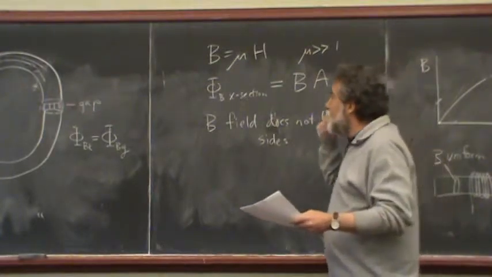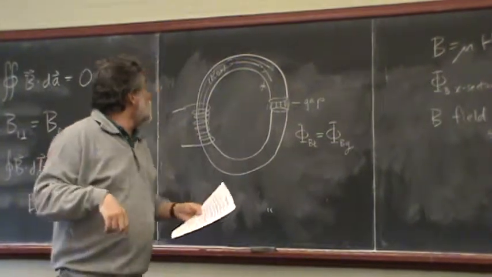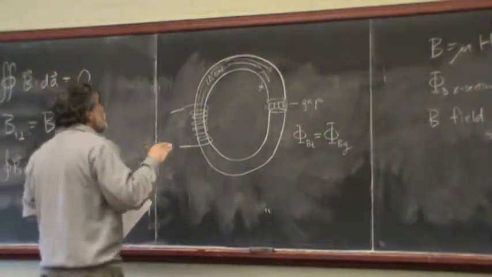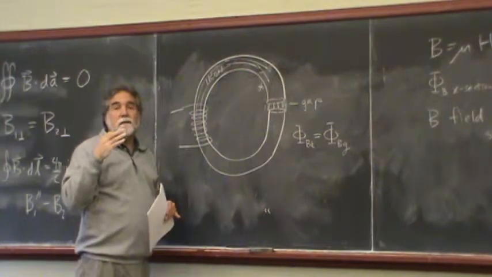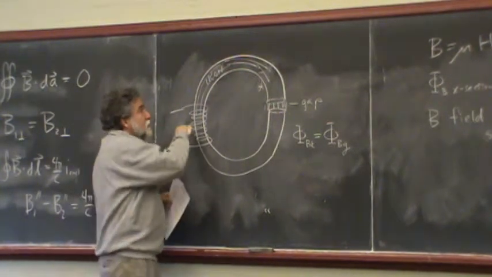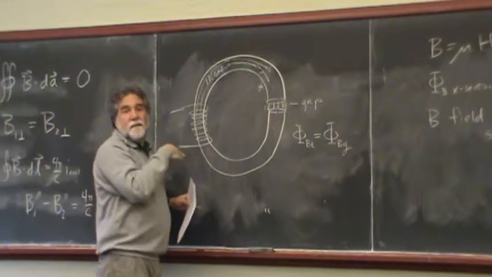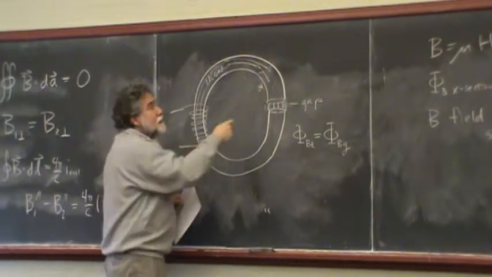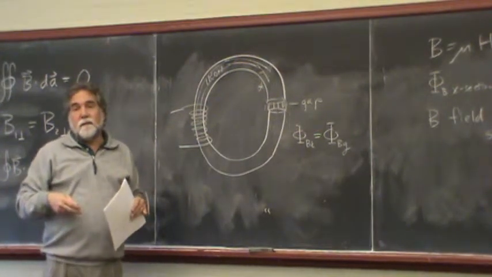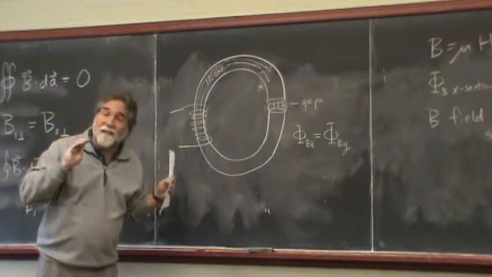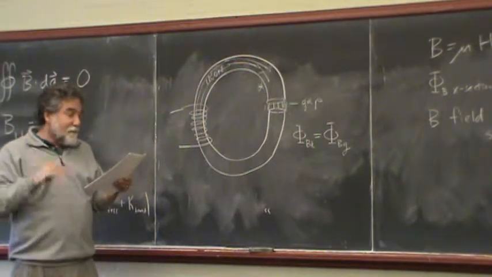But this problem is not trivial because the magnitude of the H field around the structure is going to be what determines what the B field is. And it's the B field that's continuous across the gap. H is not continuous, necessarily. Yeah, H is not continuous across the gap. Let me just say that right away.